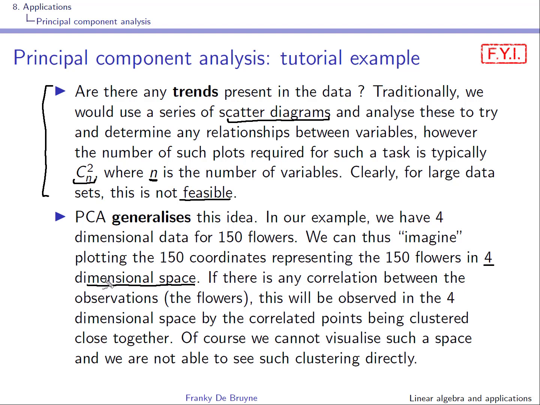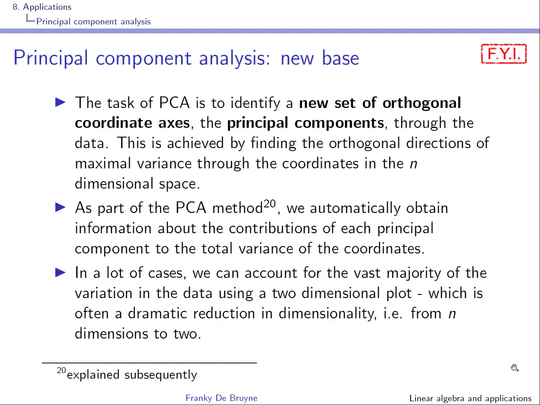If there is correlation, it could be observed in this space. Of course, we cannot visualize such a 4-dimensional space, so we are not able to see the clustering directly. But this is the idea behind it. Let's first try to imagine things in 4 dimensions and then maybe try to be a little bit smart.